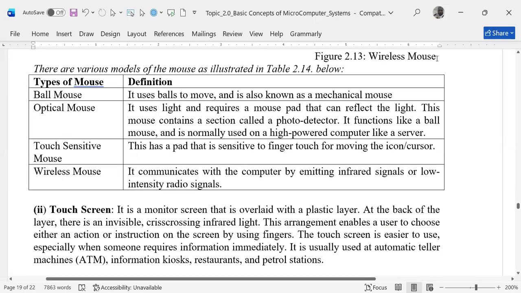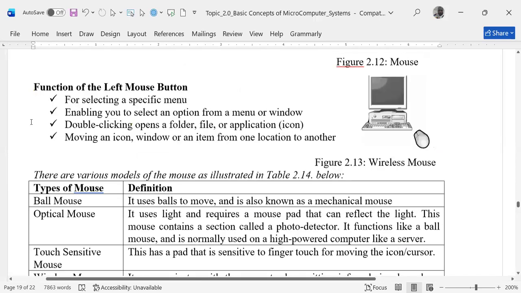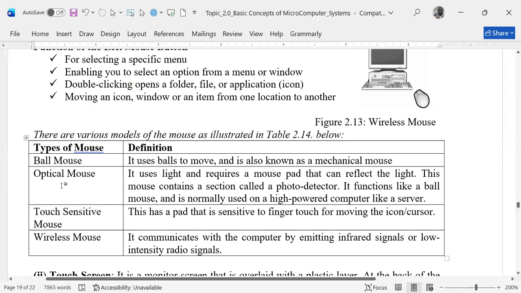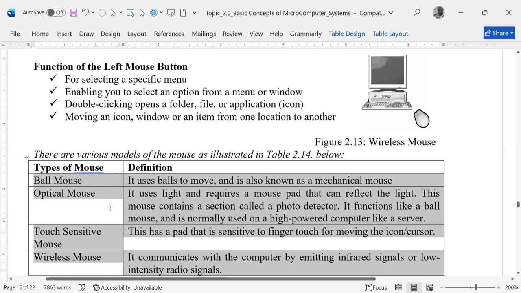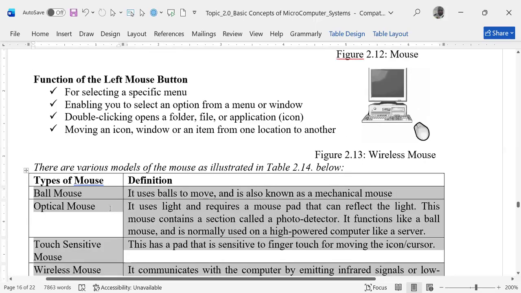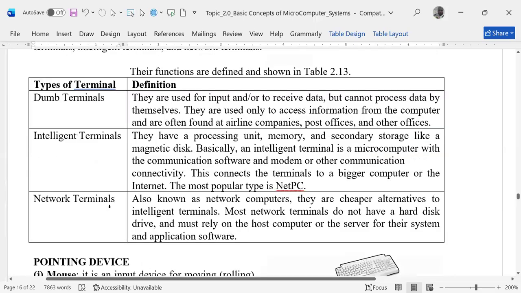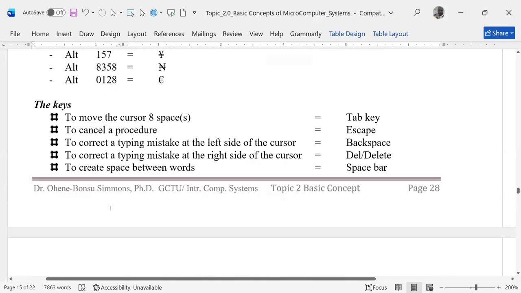Okay, the type or method of input types, we are okay with these ones. The mouse consists of the following types. We are okay with that? For this side, we have done that. All this side, we've done.